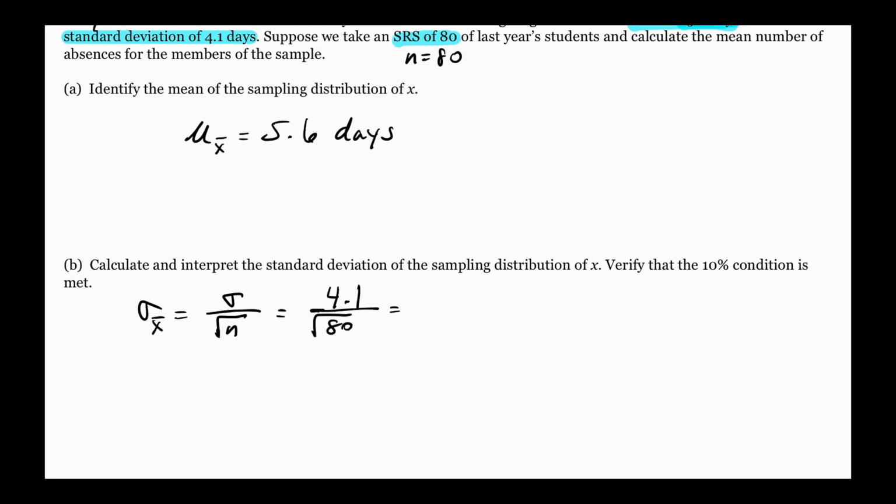Square root of 80, and then 4.1 divided by that. 0.458. Yep. Okay. Calculated it. We're done. We got the calculation.